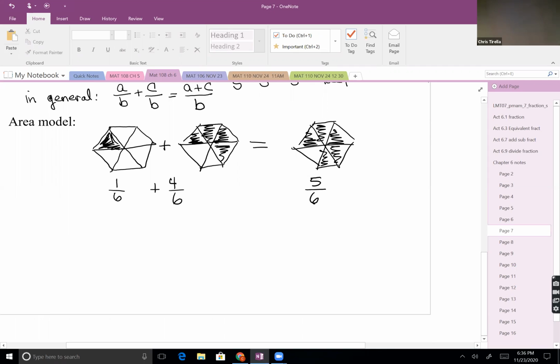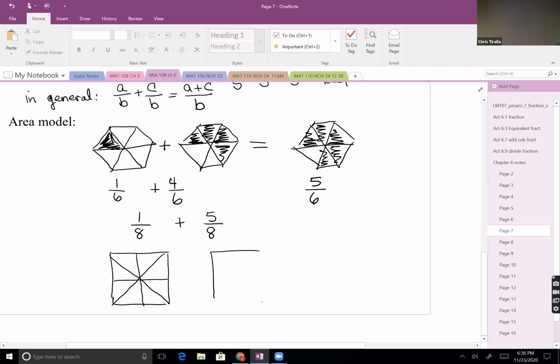Or with an area model, if I were to look at, let's say, 1/8 plus 5/8, to get 1/8, let me take a square, cut it in quarters, and then add those diagonals.